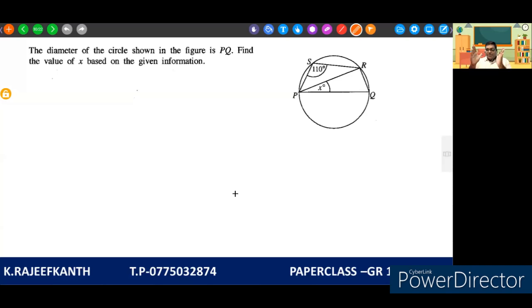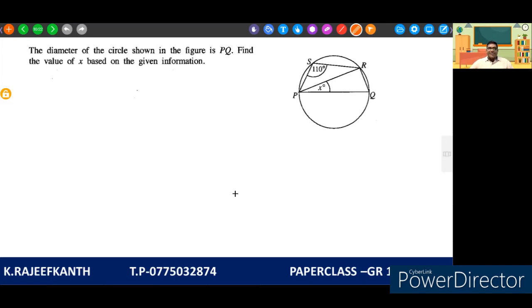So first one, you know that last day I explained: if it is a cyclic quadrilateral, then opposite angles are supplementary. And also the exterior angle is equal to the interior opposite angle. So these two theorems are in cyclic quadrilateral. And then they have given that PQ is a diameter.